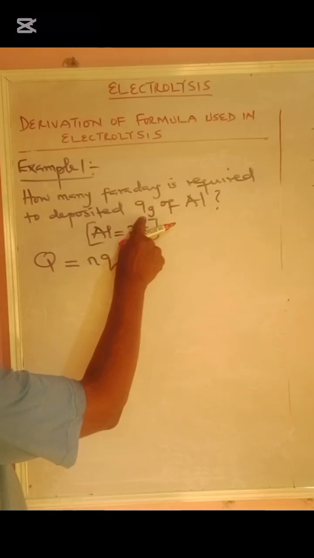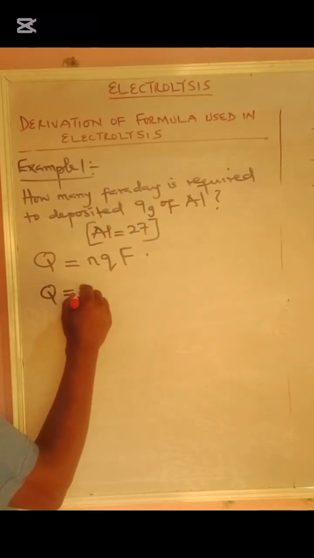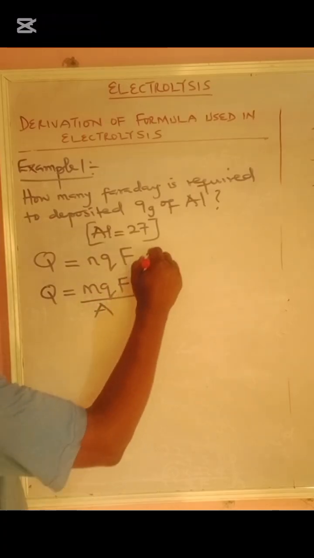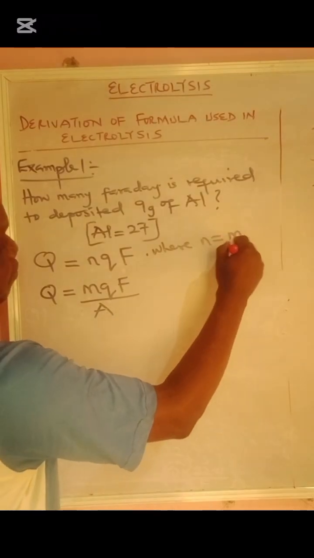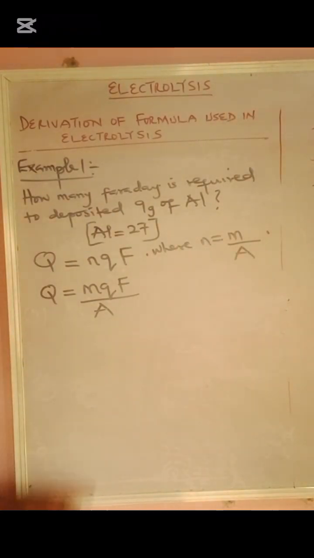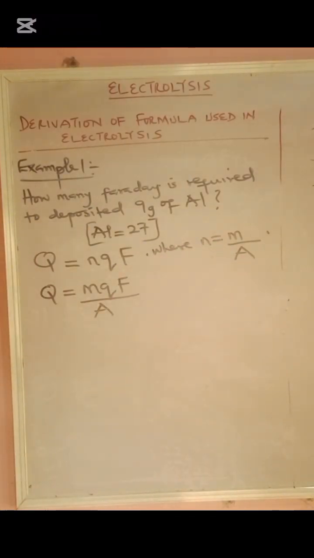But this one has to do with mass, not moles. In that case, the formula you are going to use will be MQF over A, where N is equal to mass over atomic mass. Take note of that. The mass of a substance over its mass number will give you the number of moles here.